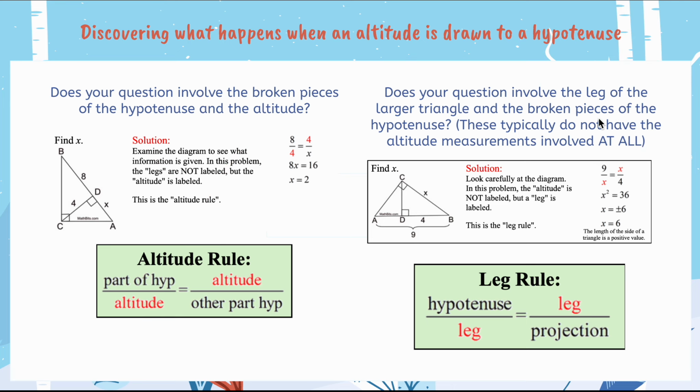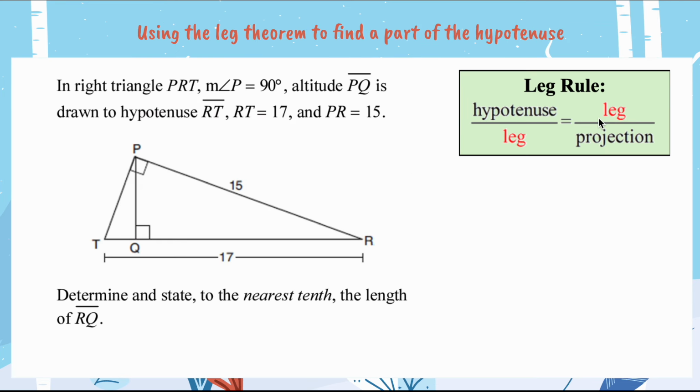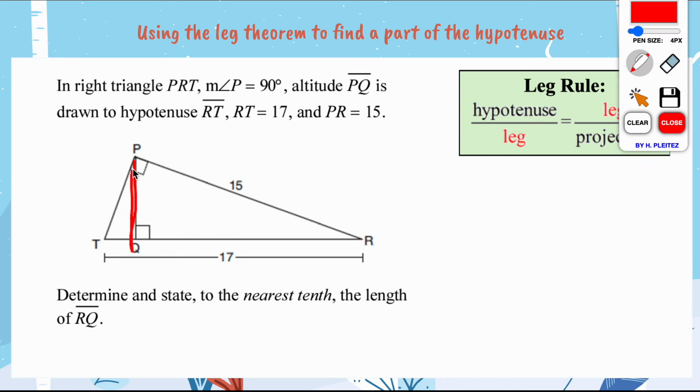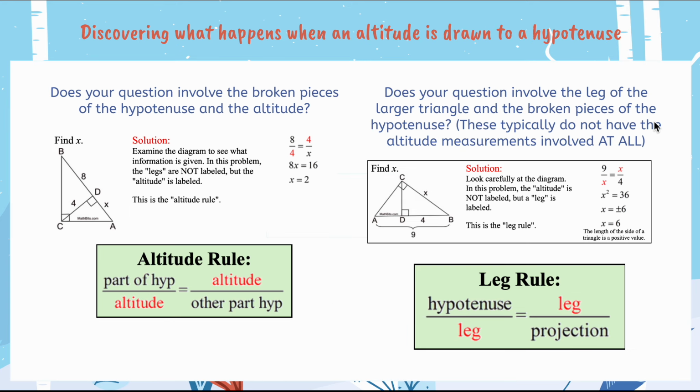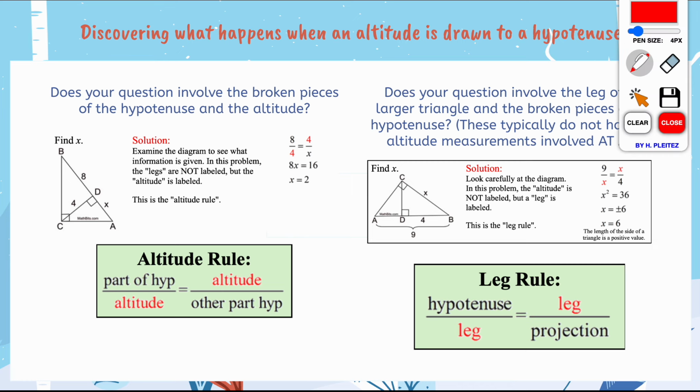And again, if you go back to this question right here, our altitude was PQ, but we don't have any values for PQ, and we're not looking for PQ at all, right? So we know we're not using the altitude there. But if the altitude is labeled and if it is involved, then we're going to use this altitude formula here.